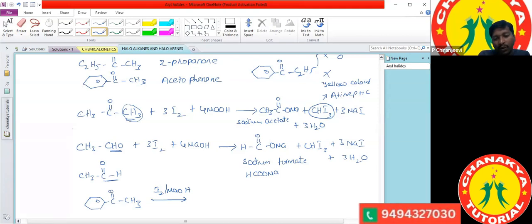Acetophenone with iodine in presence of NaOH is represented as the iodoform test only.